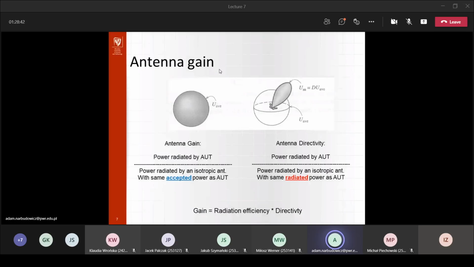Even though it can boost your signal for a certain direction, it can do that only by focusing, by taking energy from other directions and putting that into that one.